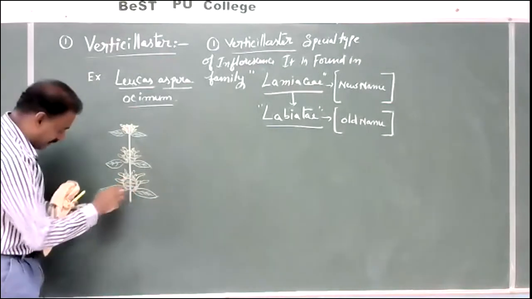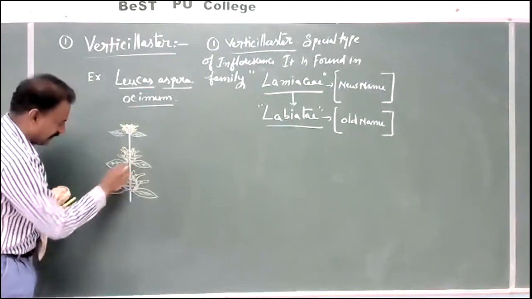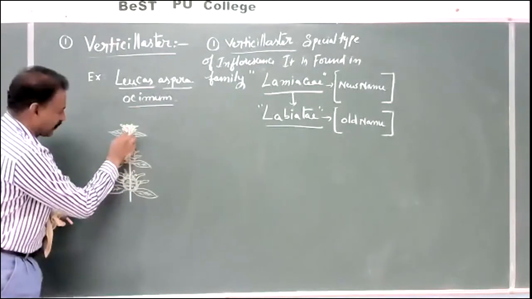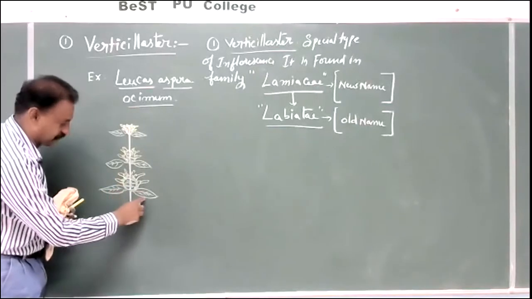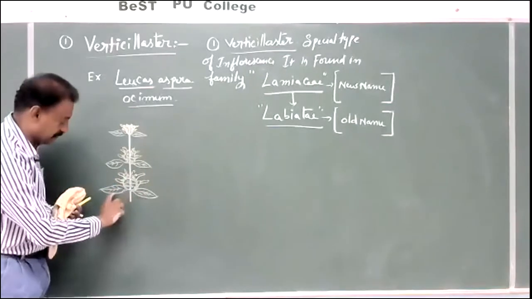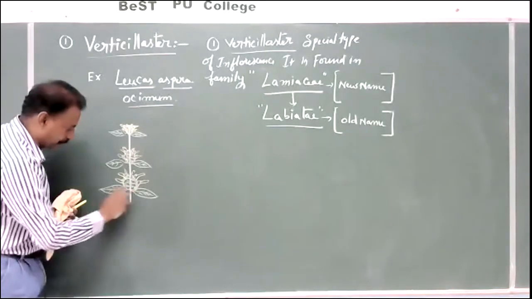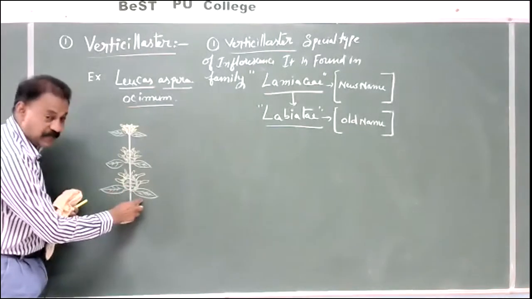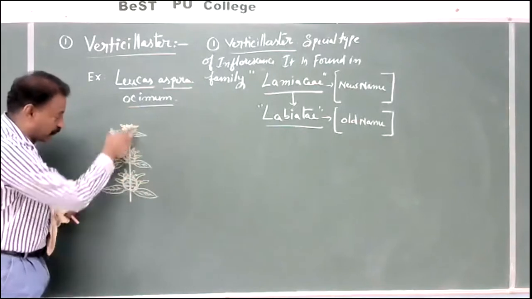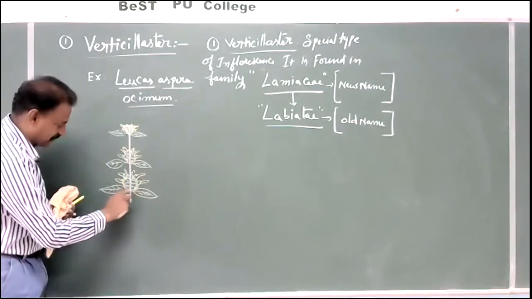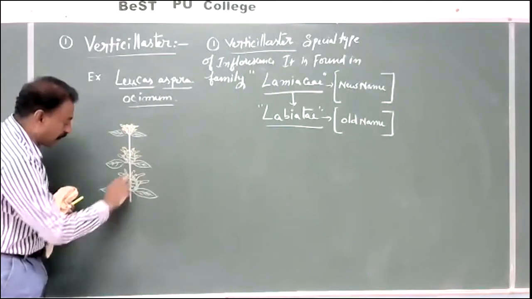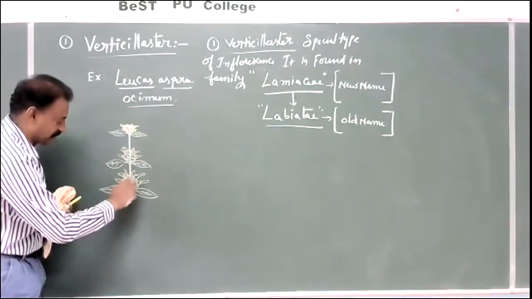This is a node, another node, another node. At every node, a pair of opposite leaves is present. See here, my dear students. At every node, a pair of opposite, superposed leaves, we have studied in phyllotaxy. A pair of leaves at a node. And at a node, a knob-like structure is there.